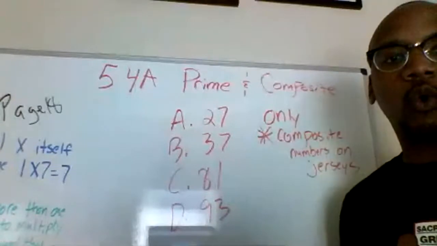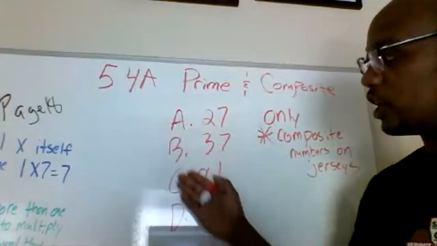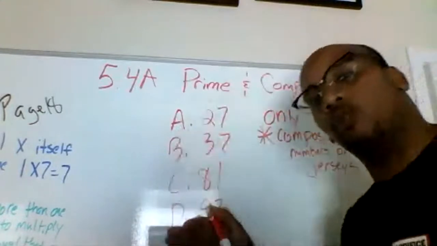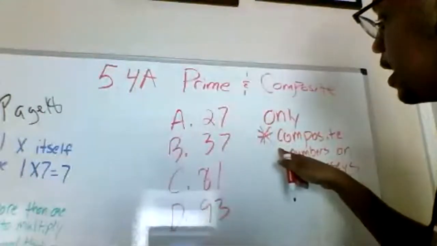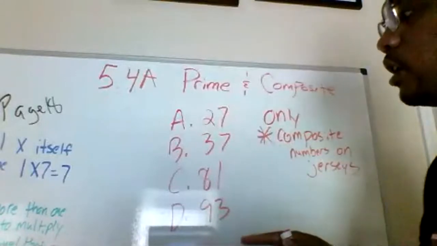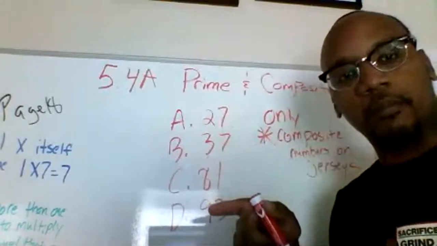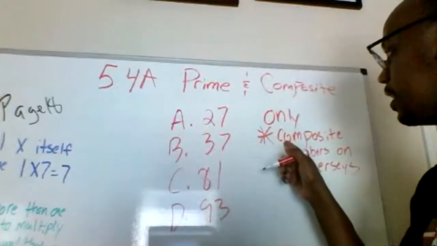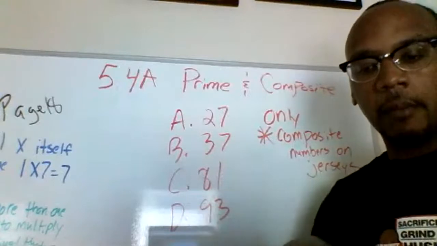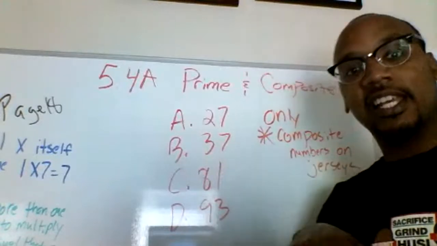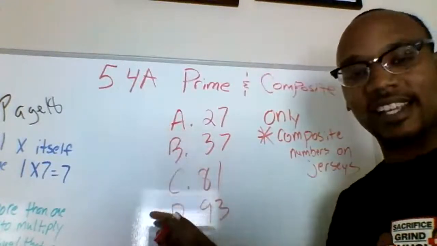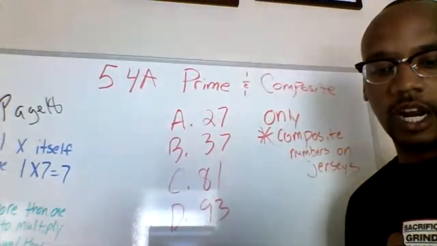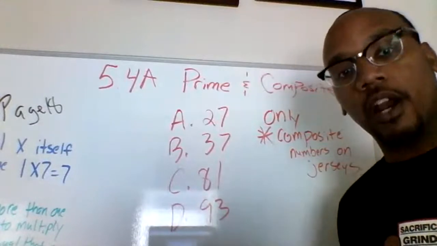So the question says each of the following numbers could have been on a jersey except which one? If only composite numbers go on the jerseys and you're looking for the one that's the exception, that means you're looking for the only prime number. When it said except, that means all of these are composite except one of the numbers, which means it's prime. So you're looking for the number that's prime.